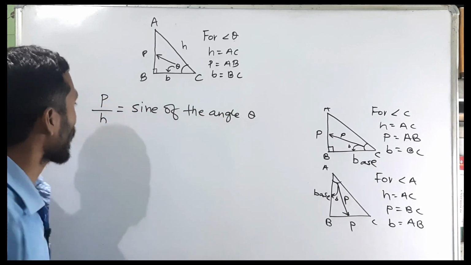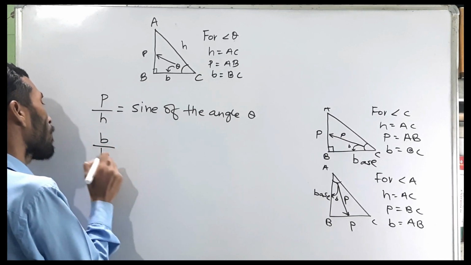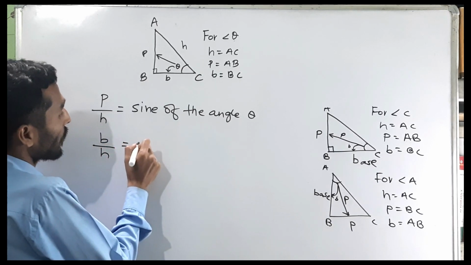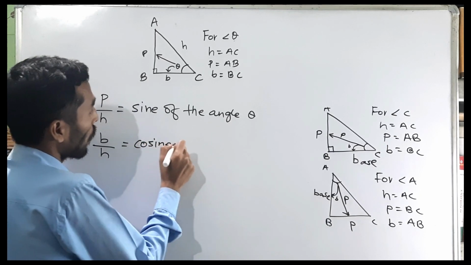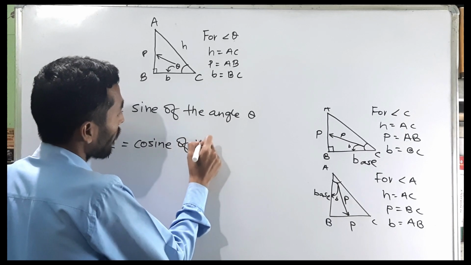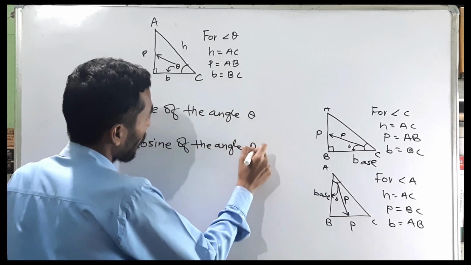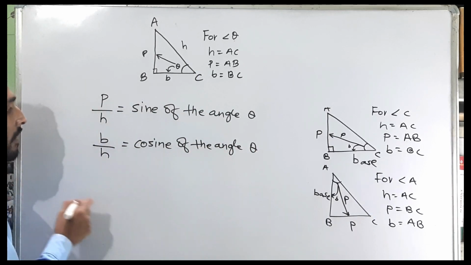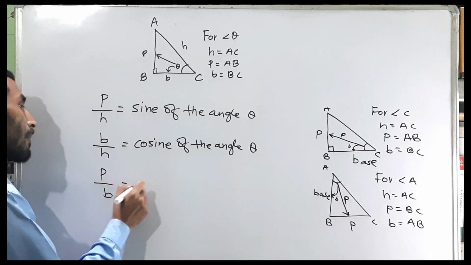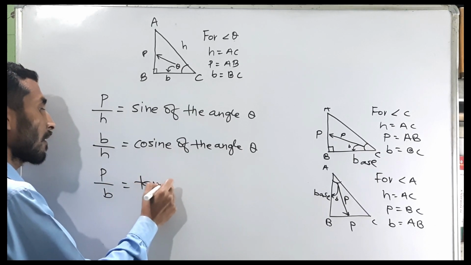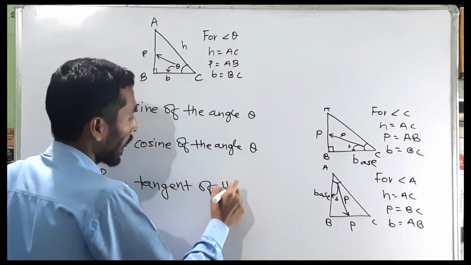Got it? In a similar way, the ratio of B by H is said to be the cosine of the angle theta. In the same way, P by B is the tangent of the angle theta.